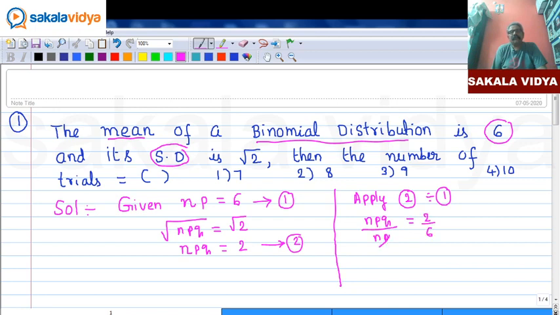Here np cancels, we have 1 by 3, q will be 1 by 3. Q is 1 by 3, so P is 1 minus q, that will be 2 by 3.